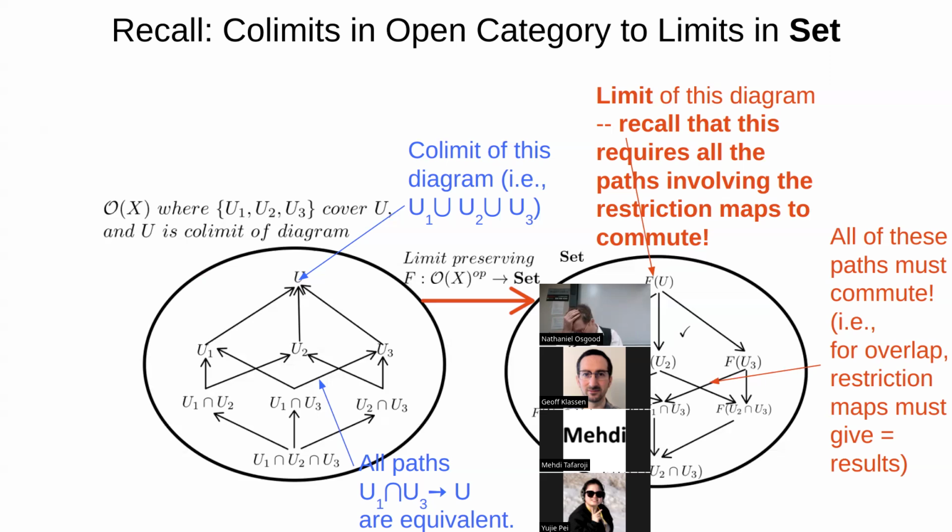If we pick some value from f of U1, and in the case where the restriction map is simply finding this value, which is not always the case since there are often more sophisticated restriction maps, that same value has to exist here in this one.